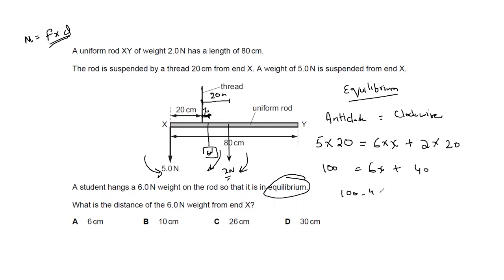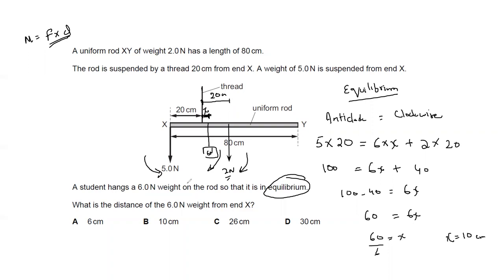So 100 minus 40 is equal to 6x. 100 minus 40 is equal to 60. So 60 is equal to 6x. 6 is multiplied, on the other side it will divide. So 60 divided by 6 is equal to x. So the value of x is equal to 10 centimeter.